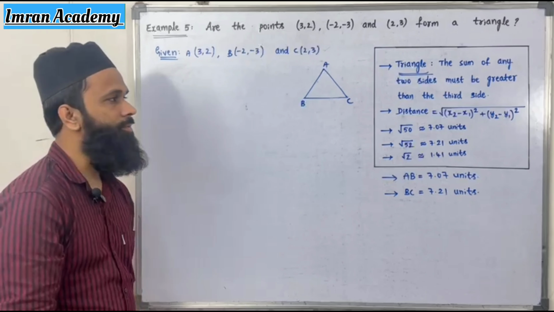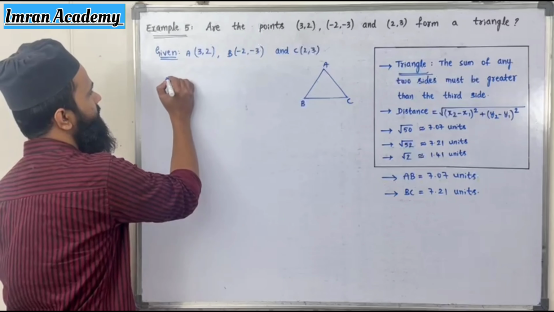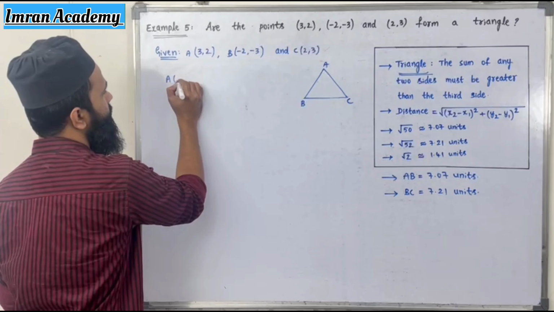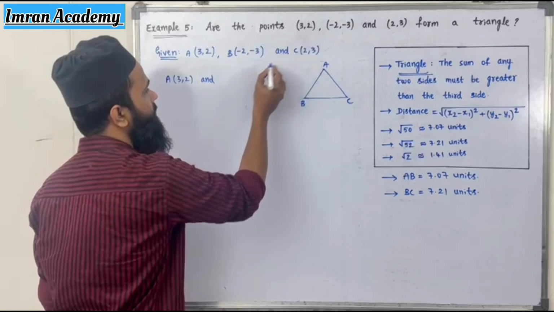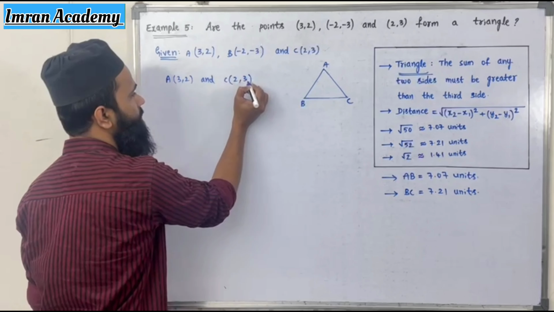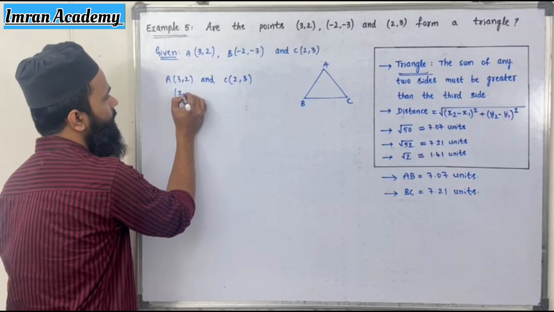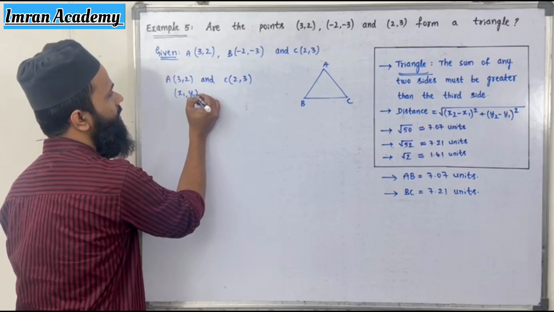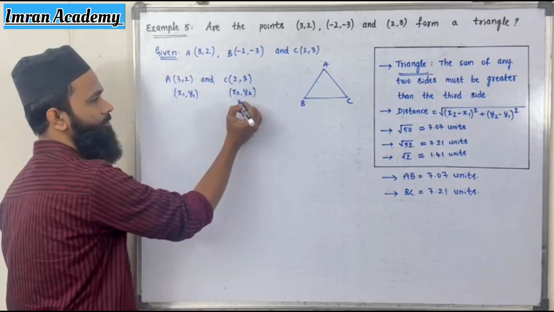Now we find AC. We know A is (3, 2) and C is (2, 3). Let the points be x1, y1, x2, y2.